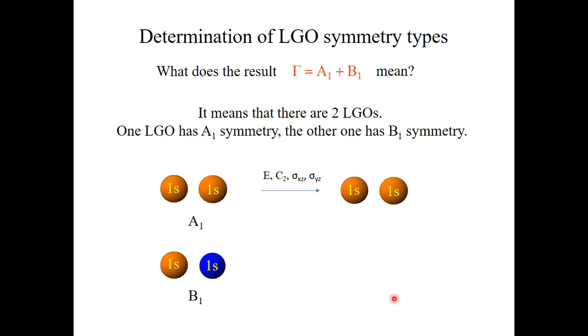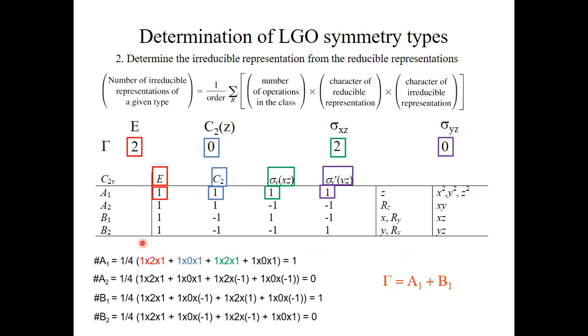So when we look back, you see that this exactly refers to B1. For the identity and sigma xz, we have the characters +1, and for C2 and sigma yz, we have the characters of -1. So this is how we can understand that one of our ligand group orbitals has the symmetry B1, while the other one has the symmetry A1.